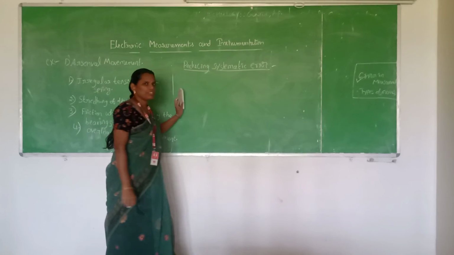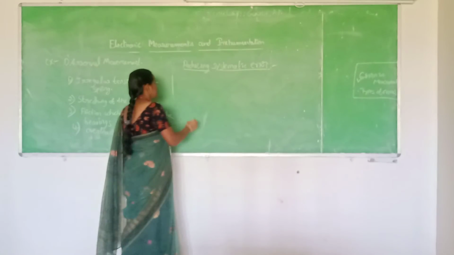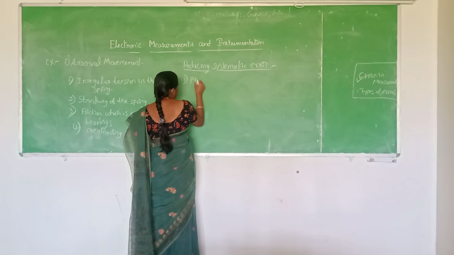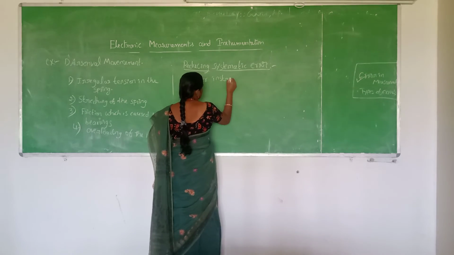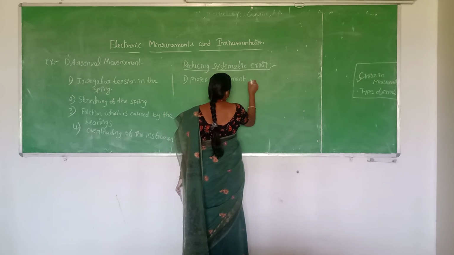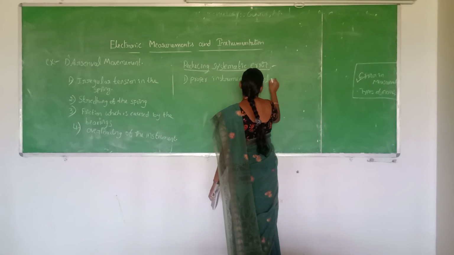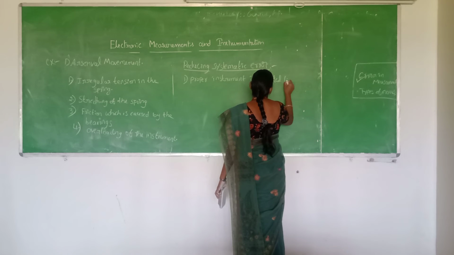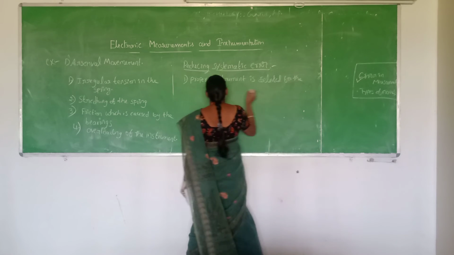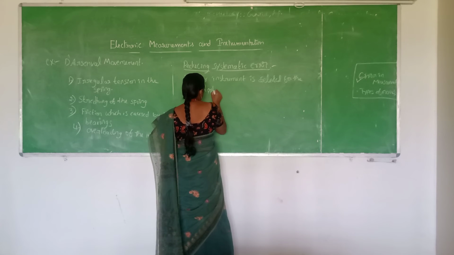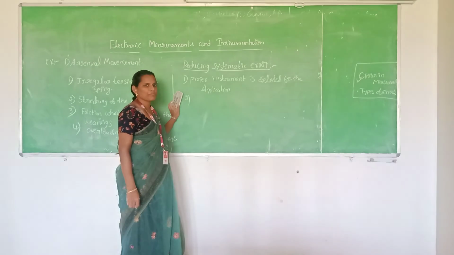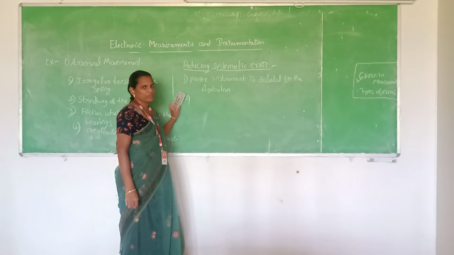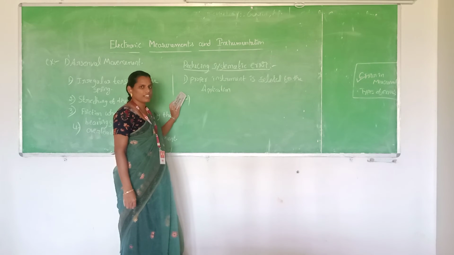The first one is, we have to select a proper instrument, selected for the proper application. Next, the second one is we have to add some correction factors depending upon the instrument error. We have to predetermine the instrumentation error and add correction factors if required.